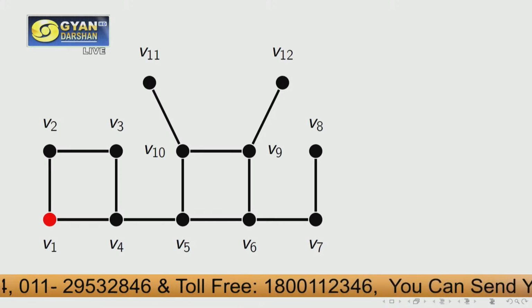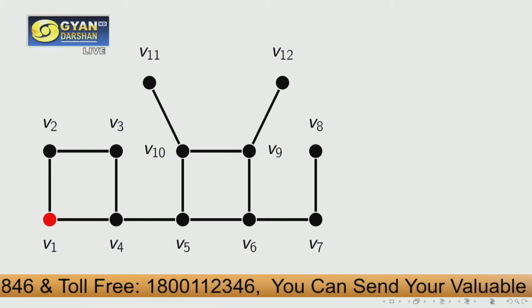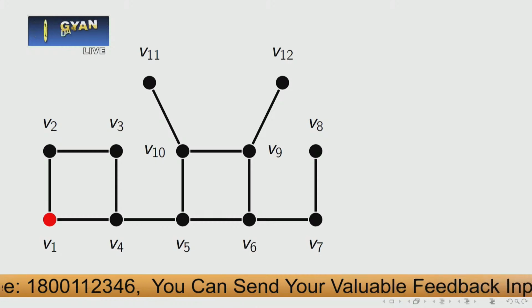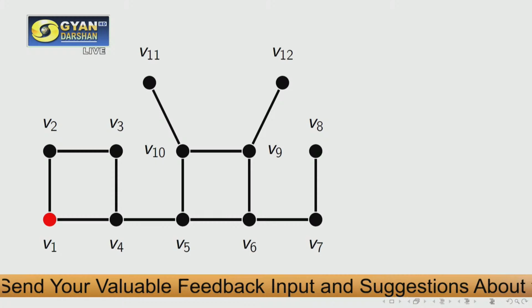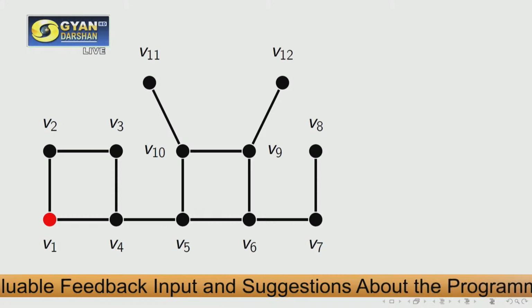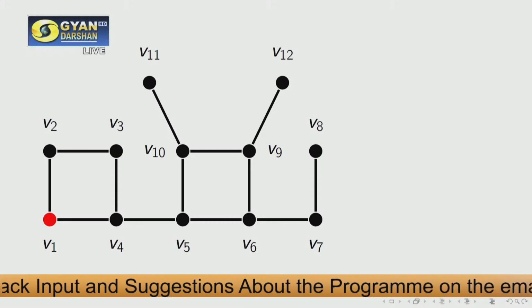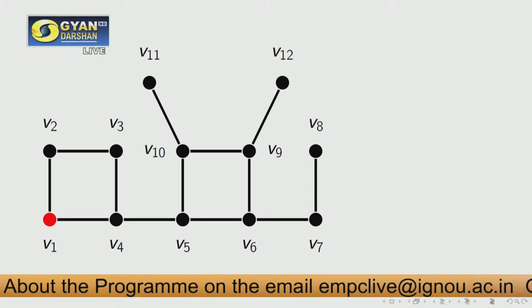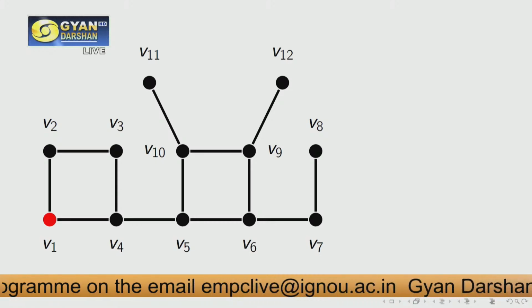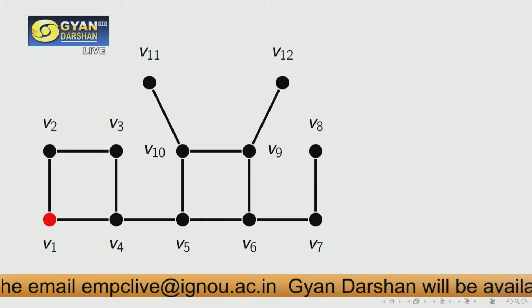So from V1 we can move to either V2 or V4. Note that while traversing a graph, we always move from one vertex to another only through an edge, that is, only through the neighbors of the current vertex.